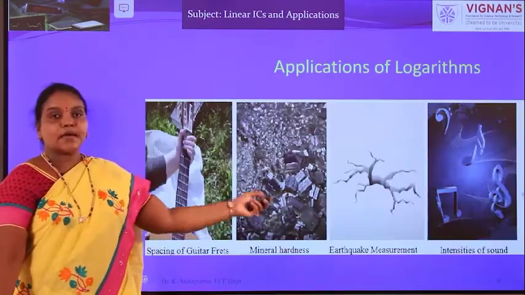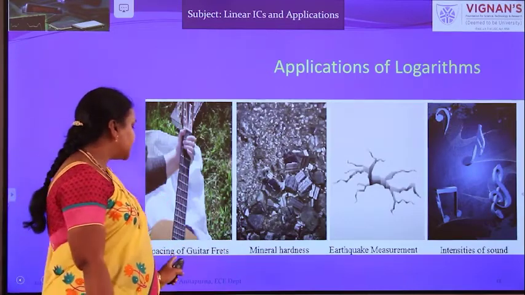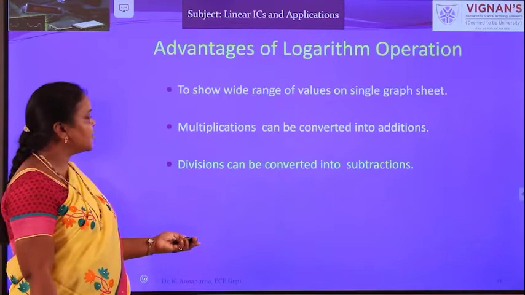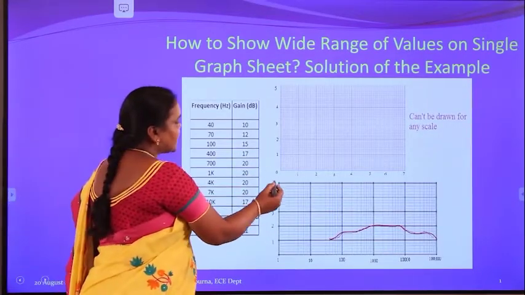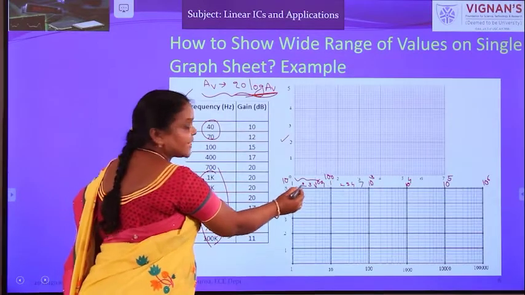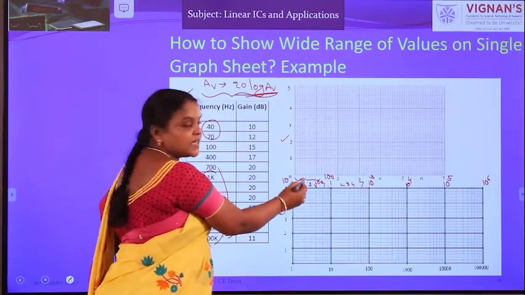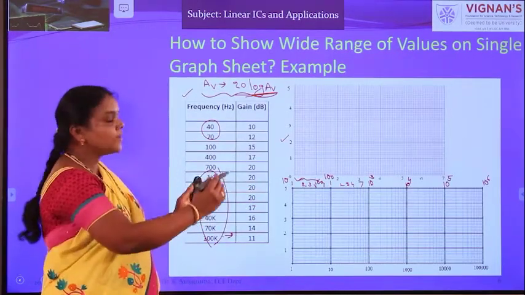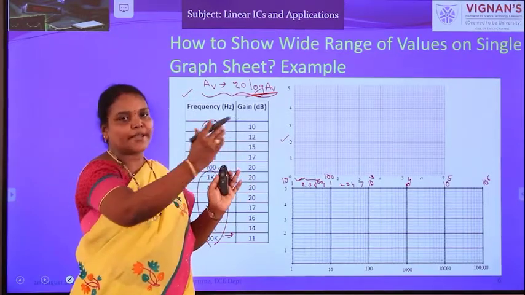And these are the real life examples of logarithmic scales. The spacing of guitar frets. Here if you observe, the spacing between first and second is more compared to 2 and 3, and the spacing between 2 and 3 is more compared to 3 and 4. Like that, the spacing is decreasing from 1 to 9.